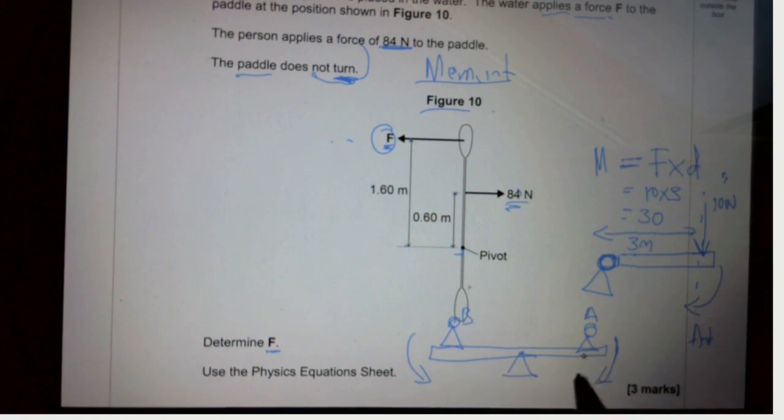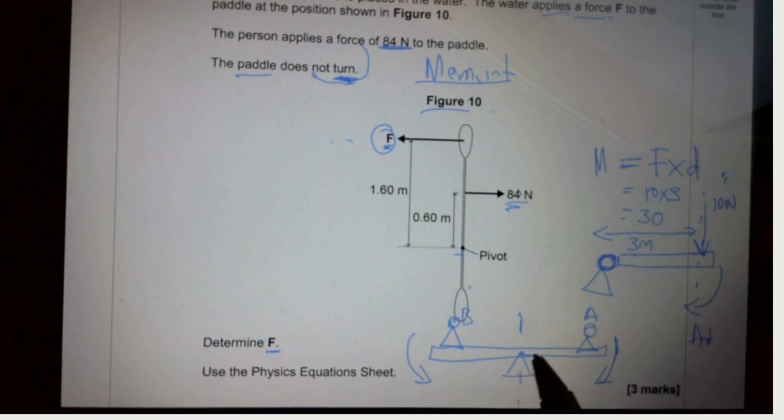These two children are balancing the seesaw. For it to be balanced, with this as the pivot, the moment applied in a clockwise direction is equal to the moment applied in the anti-clockwise direction.